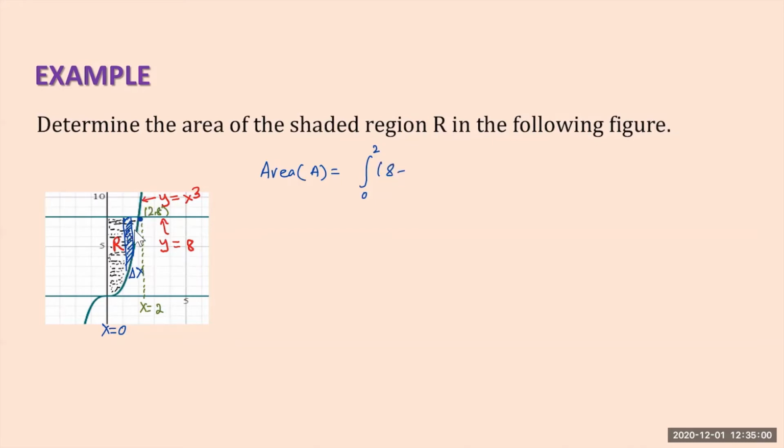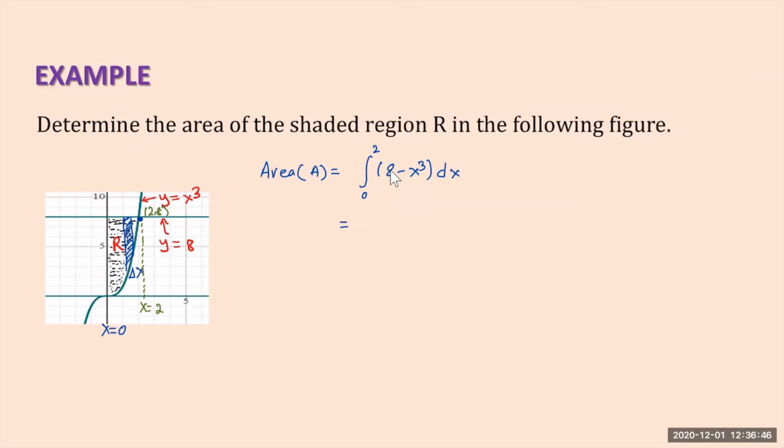The lower function bounding the area is y equals x cubed. So we have to integrate this with respect to x to get the value of this area, which is shown here in the shaded region. Now let's evaluate this integral.